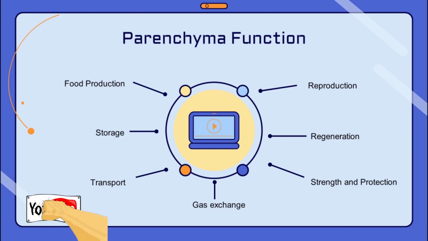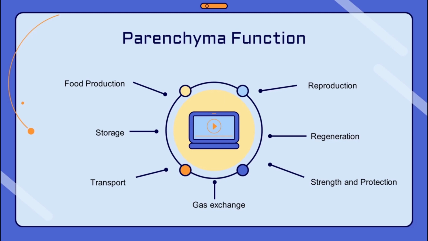Storage. Storage parenchyma contains large intercellular space which helps in the storage of starch, water, fats, and oil droplets. Transport. Vascular and conjunctive parenchyma helps in the transport of water, nutrients, and other substances throughout the plant.